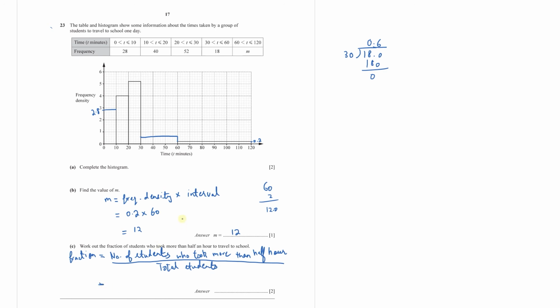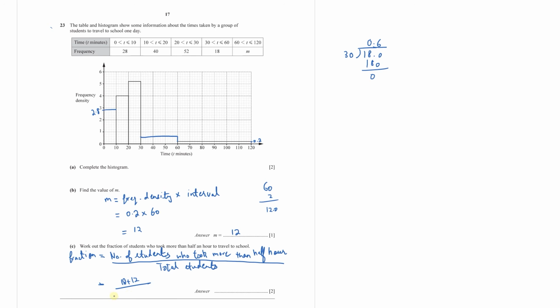Up till this point we have 30 minutes, so more than 30 minutes would be 18 plus M, that is 18 plus 12. These are the number of students that took more than half an hour to get to school.